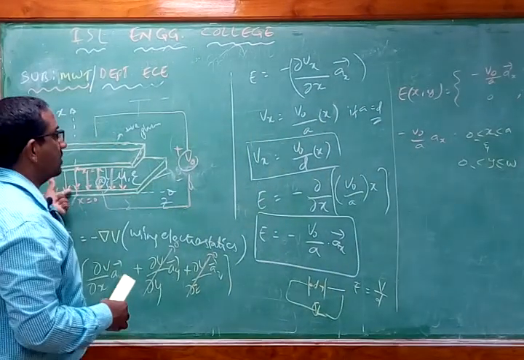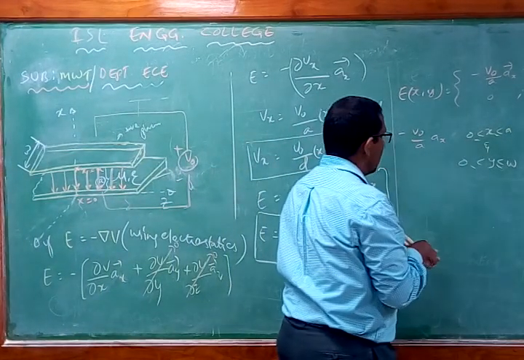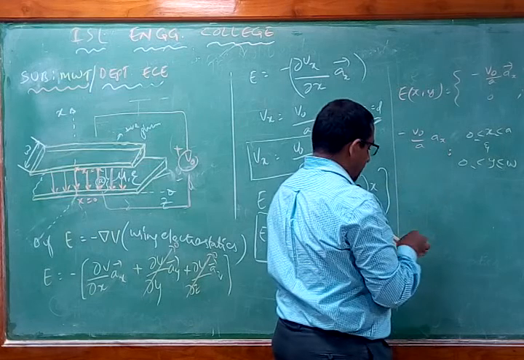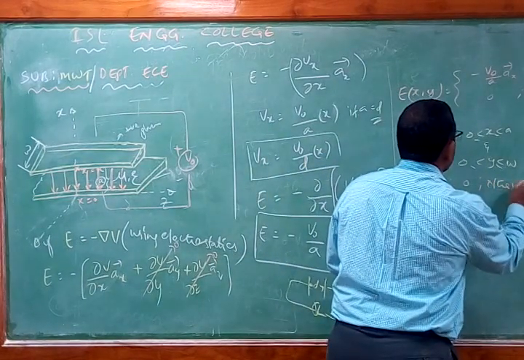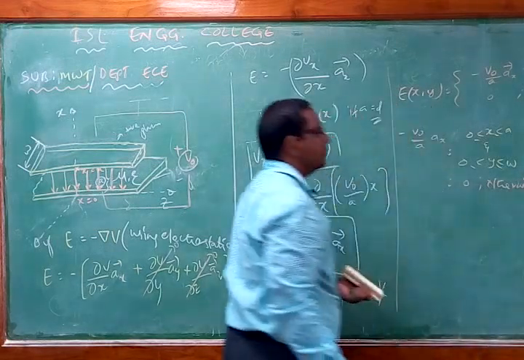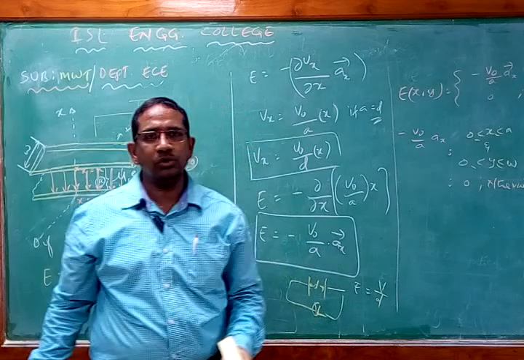Under these dimensions, this is the value of the electric field. Otherwise it is 0. In all the other regions, under other boundary conditions, the electric field is equal to 0.